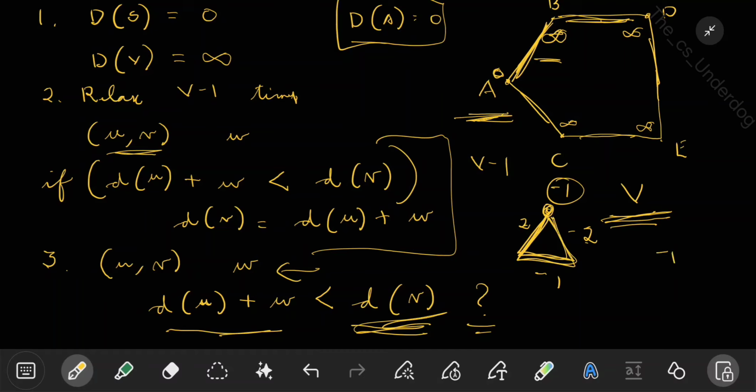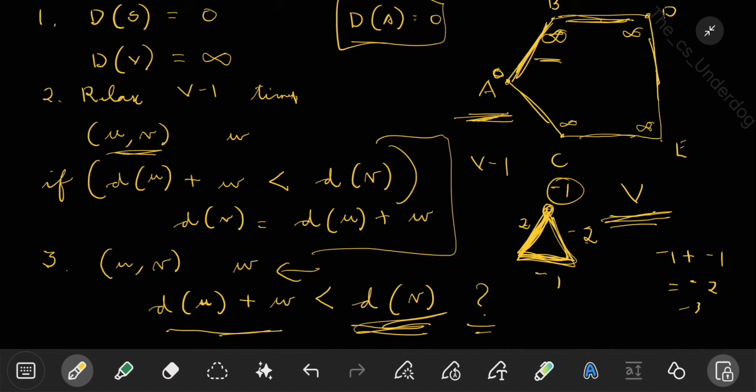If you traverse twice, it will be minus 1 plus minus 1, which is minus 2. If you traverse again, it will be minus 3. Like this, if you keep traversing through this cycle 1000 times, it will be minus 1000. So you will never be able to find a shortest path if there is a negative weight cycle present, because you can keep cycling and the shorter path distance will keep decreasing.